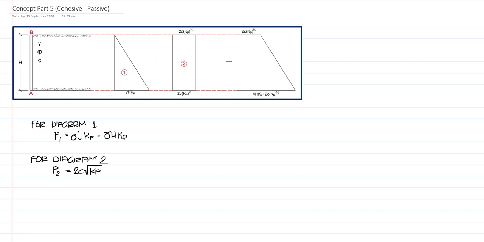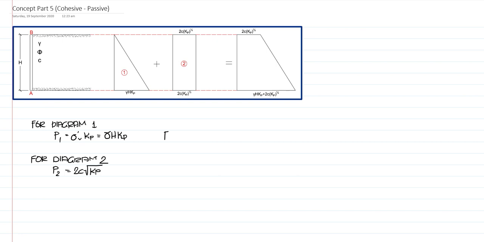So, to determine our passive earth force, syempre, kunin natin yung individual force ng ating mga diagrams. So, this is done by getting the area of each diagram. So, syempre, punta tayo ng diagram 1.